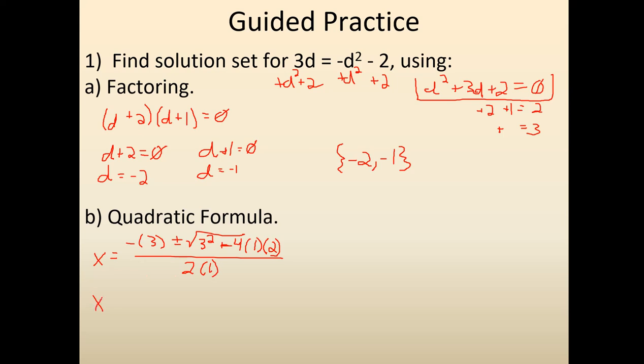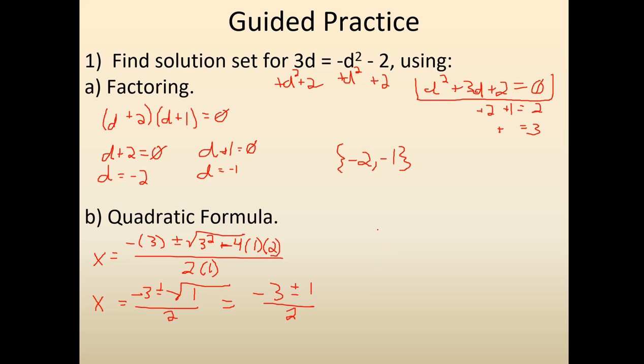So when I simplify this, I get negative 3 plus or minus the square root of 9 minus 8, so it's going to be the square root of 1, over 2. I can clean this up a bit, so it'll be negative 3 plus or minus 1 over 2.